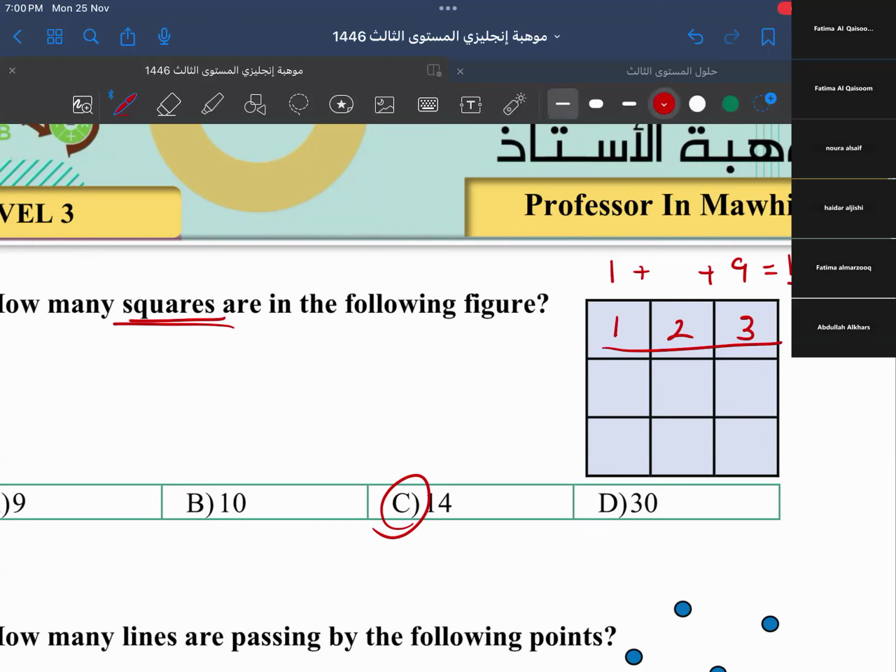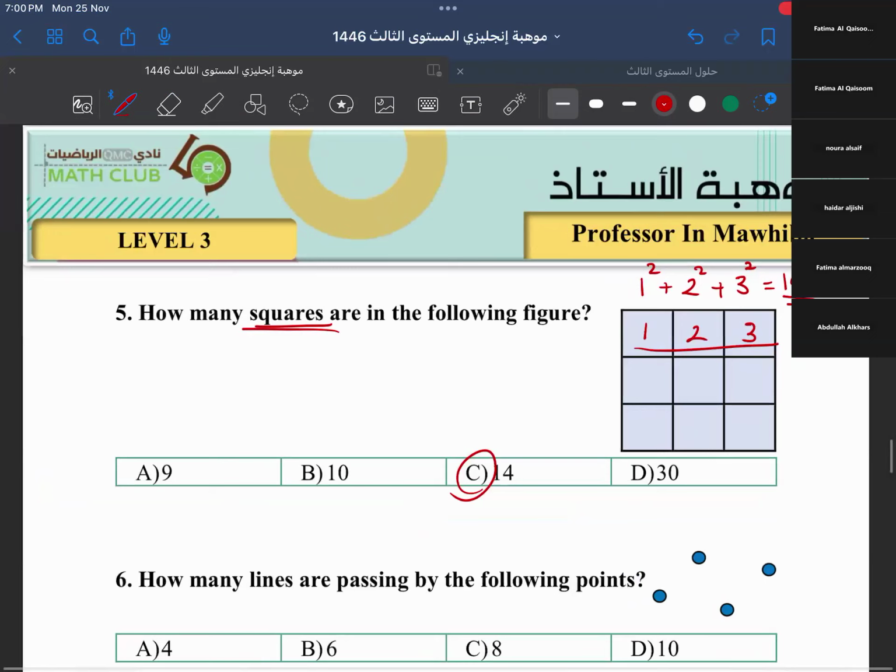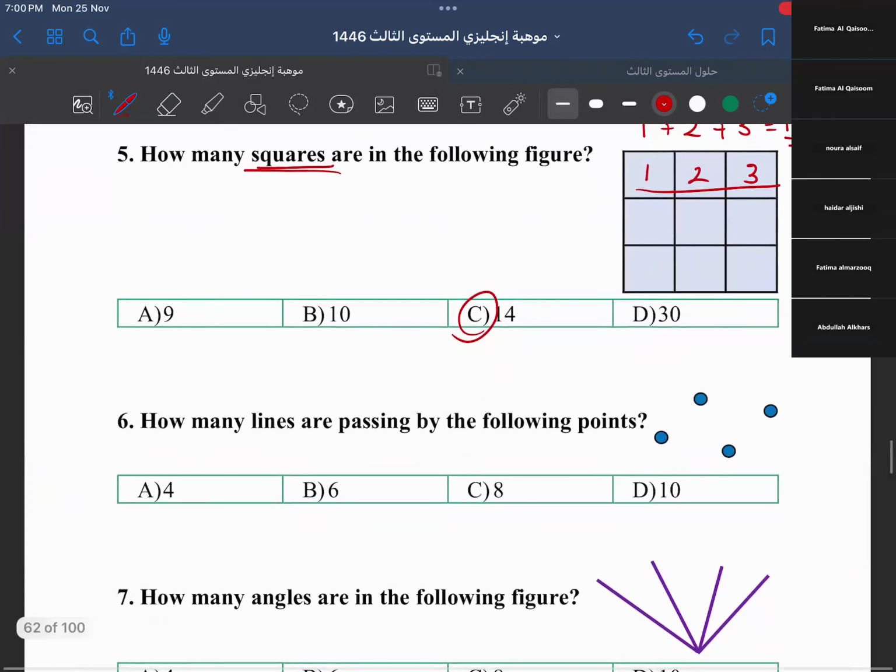You take the square of the number, sorry. And then you add them together and you get the answer. So, are you okay, guys? Yes, miss.